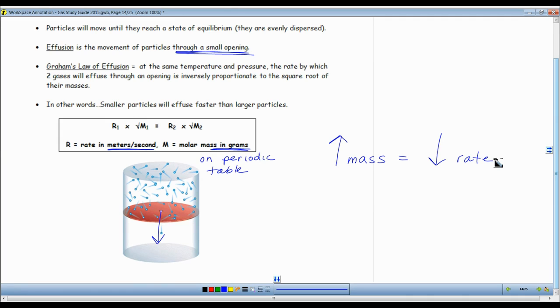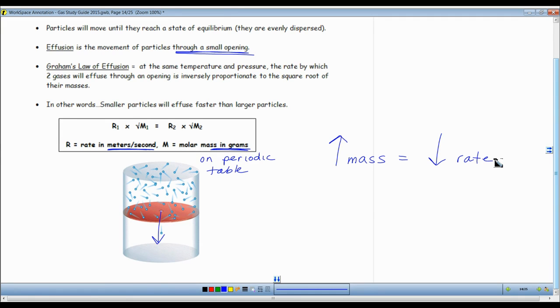A small particle with less mass travels at a higher rate. Oh my gosh, this is common sense. If a gas particle is heavier, if it has a high mass, it travels at a slow rate. It moves slower. Wow. Oh my gosh, this makes sense.